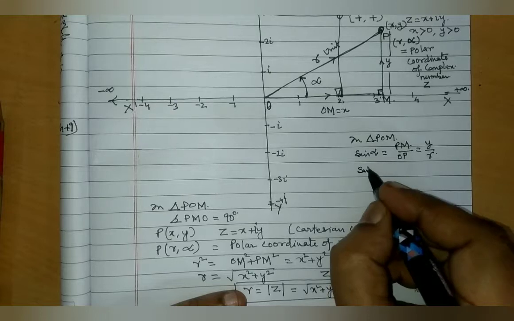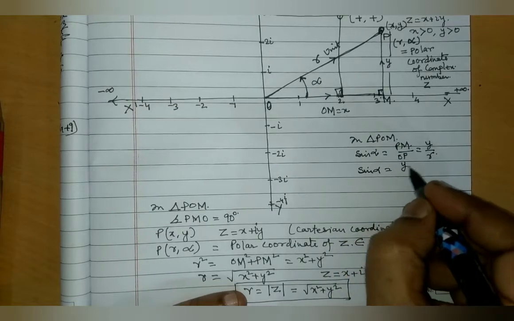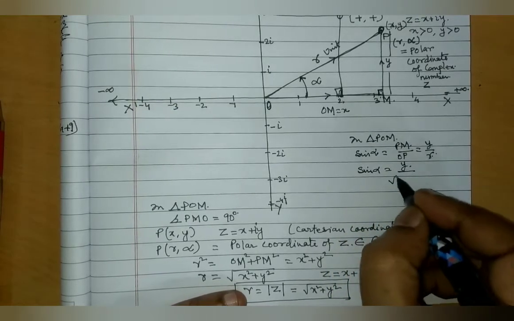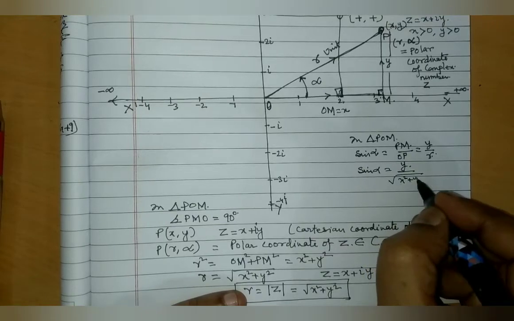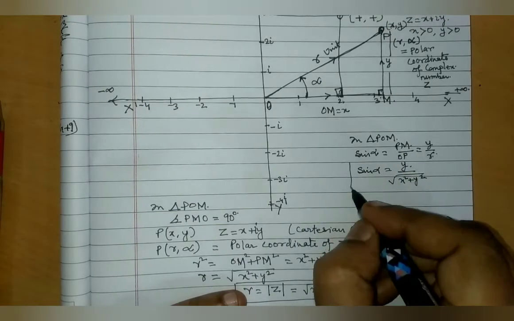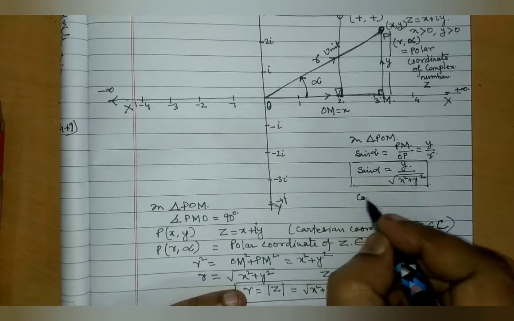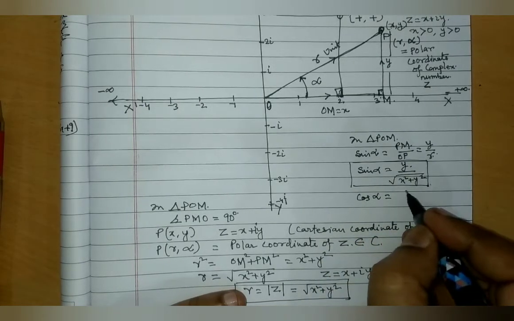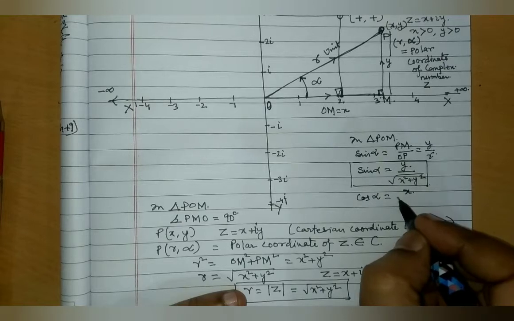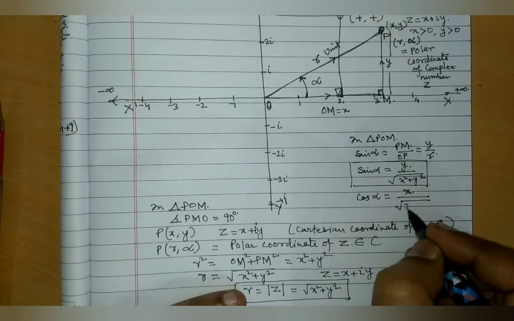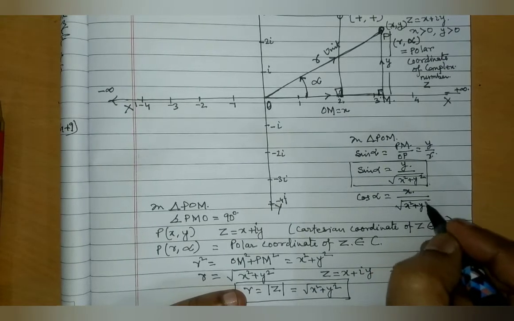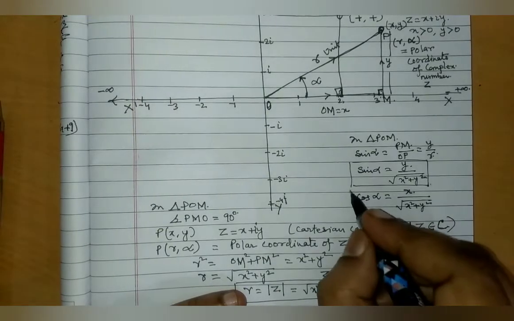So sine alpha is equal to y by r, which is y by root under x square plus y square. So this relation is coming. And similarly, cos alpha is base by hypotenuse, so x by root under x square plus y square.